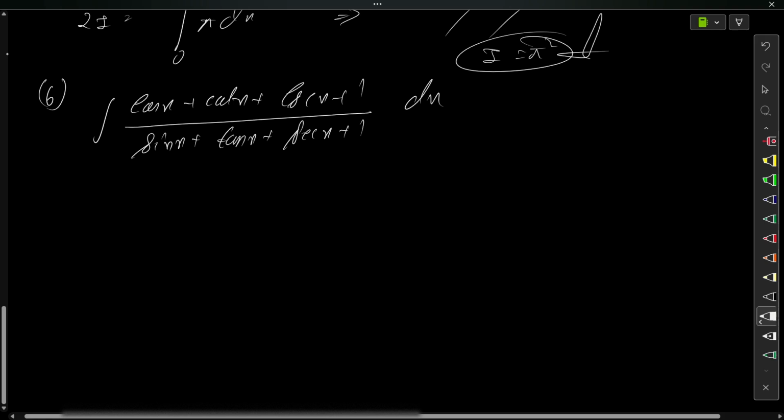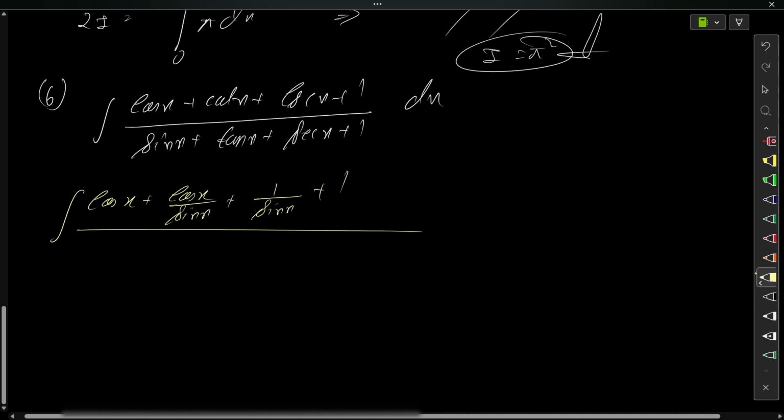For this integral, there is something special if you observe it very carefully. If you write it down, breaking it apart, you'll be getting cos x plus cos x by sin x plus 1 over sin x plus 1, whole divided by sin x over cosine x plus 1 over cosine x plus 1, with respect to dx.